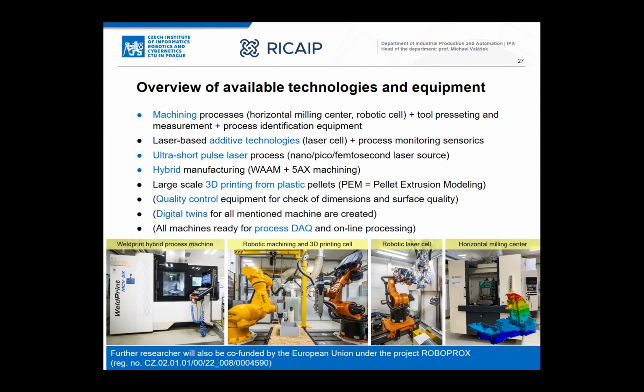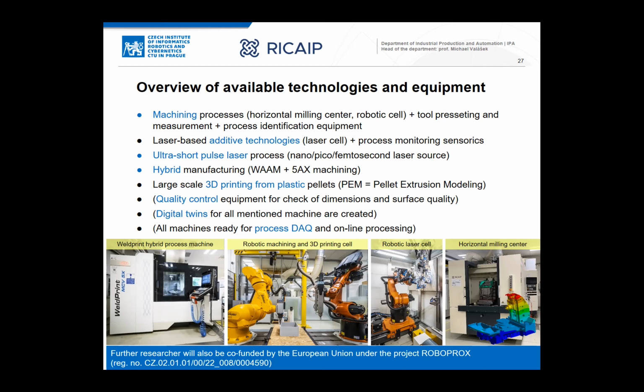Also a physics-based digital twin, so we are able to run quite a big volume of simulations of the whole process. Then we are focused on laser processes. Our laser processes use this robot with a laser cutting head. Then large-scale plastic additive manufacturing: this is the robot with pellet extrusion and a milling robot.